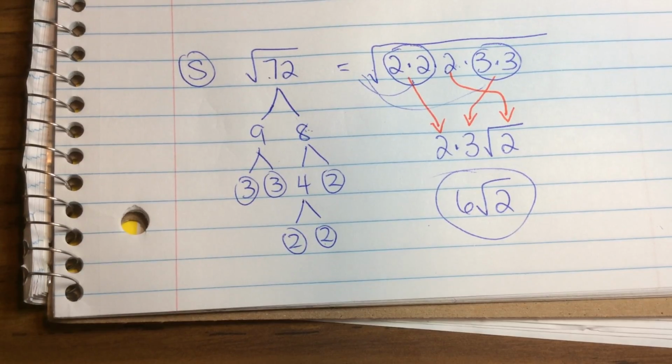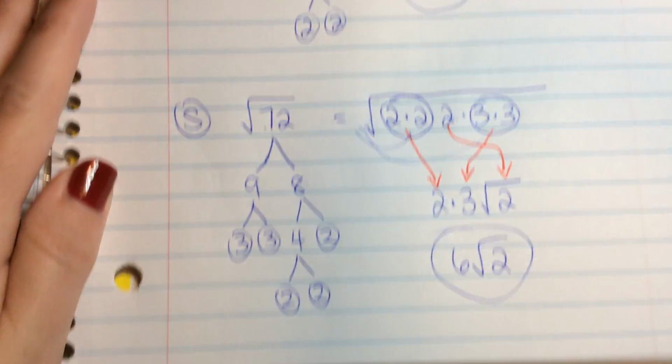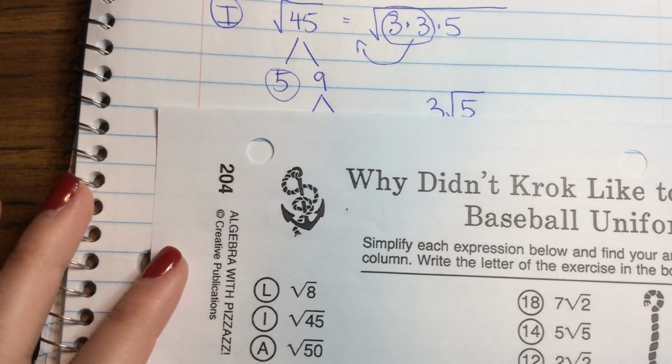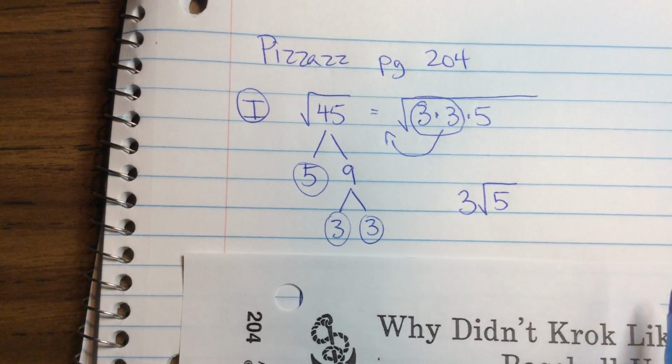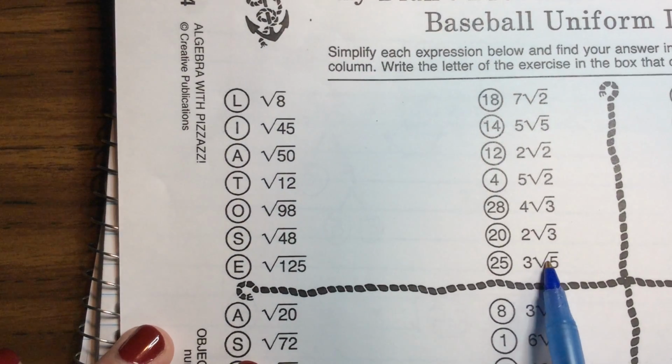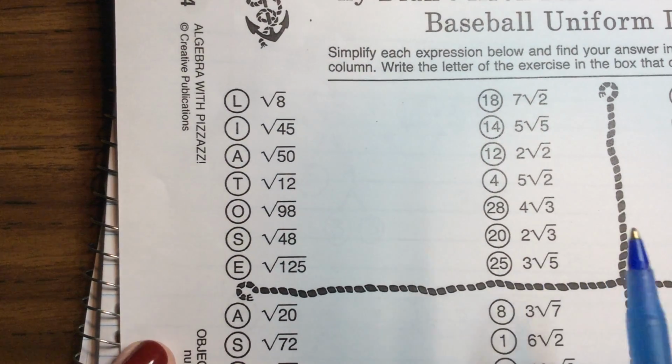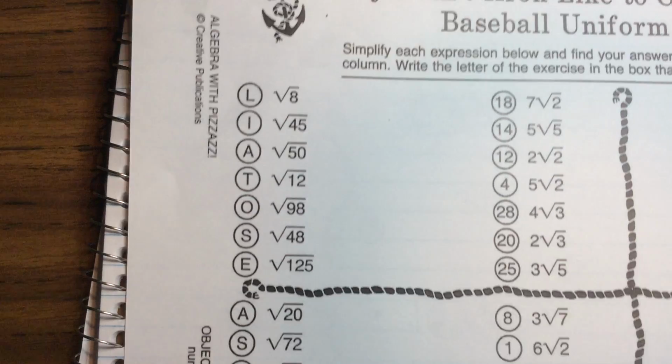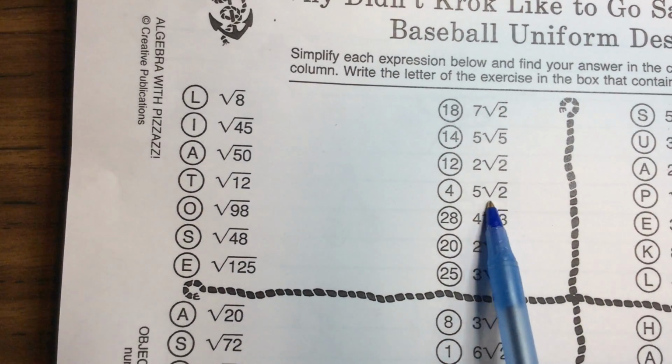And I'll show you on the worksheet that we are finding the right answers. So letter I was 3 square roots of 5, and right here it is. And letter S was 4 square roots of 3, and it's right here.